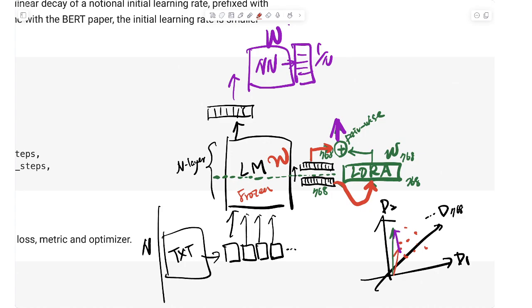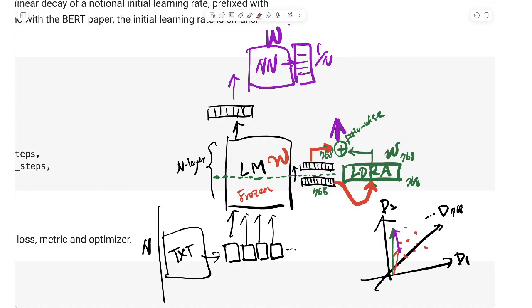Let's take a look at the right bottom side. We draw something. For example, if the dimension is 768, and the original vector right here is the red one, I have a lot of red data points right here. LoRA means we use the red vector as the input and generate the green vectors, and we add them together. So in the linear space, it is the purple vector, right?